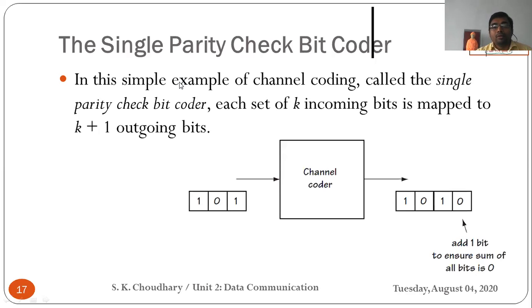Suppose there are k incoming bits, here 3 bits of information, and when passed to the channel coder, k plus 1 outgoing bits come out, meaning if there are 3 bits, now the outgoing message is 4 bits.